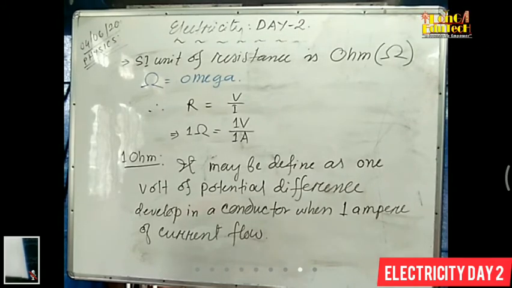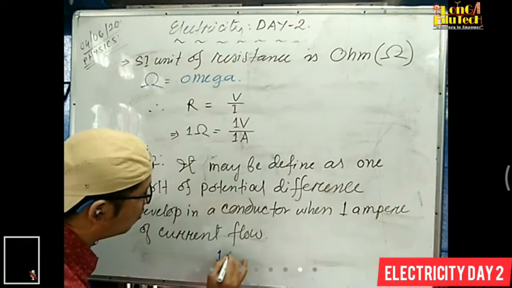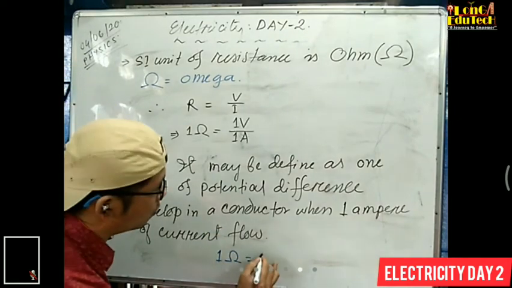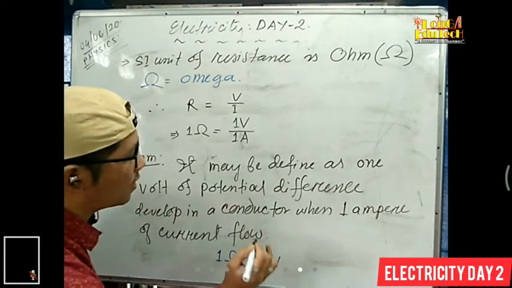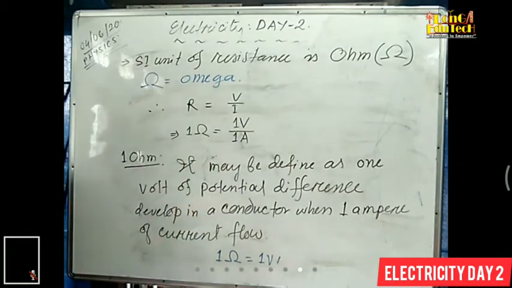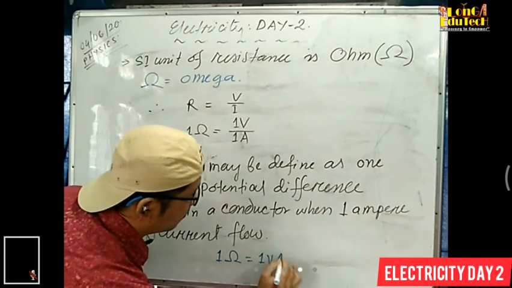Or just simply, this is 1 volt by 1 ampere. From there we can easily know. Just simply we can say 1 ohm is equal to 1 volt per 1 ampere, isn't it? 1 volt per ampere.